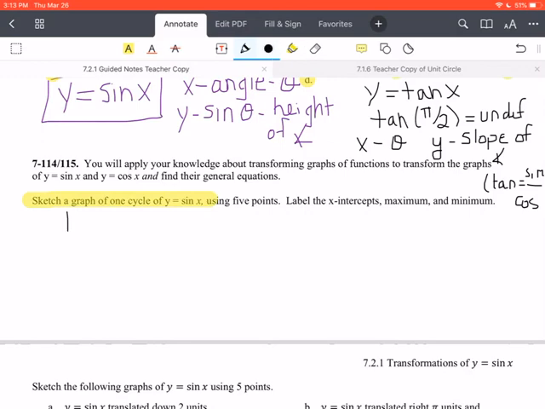So if we're thinking about the cycle of a normal unit circle, we need to think about how many radians is one lap around? It's 2 pi. So you always have to start and define what is the cycle.